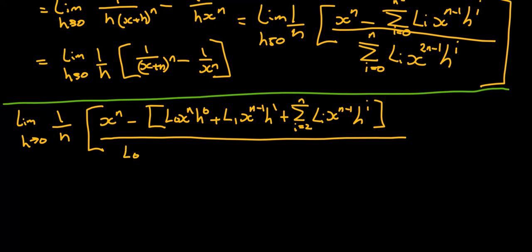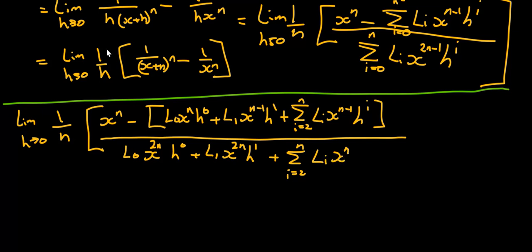So we get nC0 x to the n h to the 0 plus nC1 x to the n minus 1 h to the 1, plus, okay, i equals 2 to n, so we get nCi x to the n minus i h to the i.